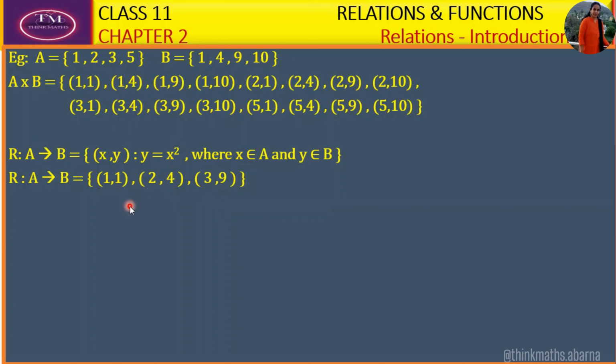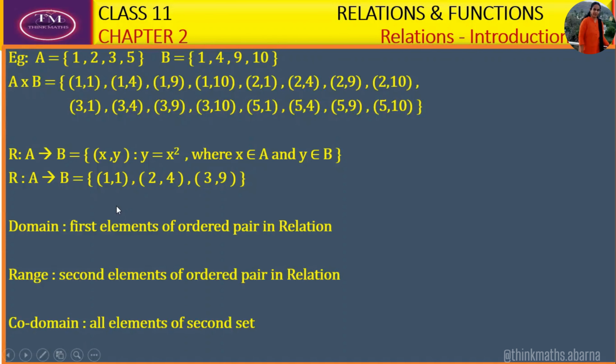Now we have to define the domain, range and codomain for this relation. So what is a domain? Domain is nothing but the first elements of the ordered pairs in the relation. The relation is y is equal to x square.